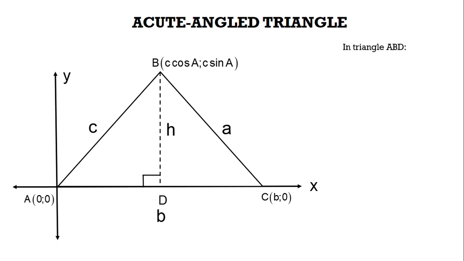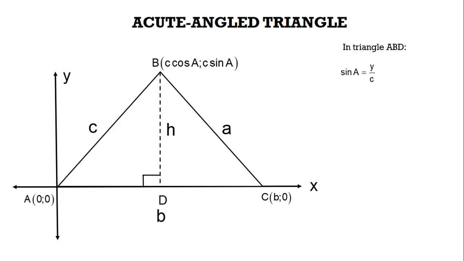Now let me explain how we get the coordinates of B. So if you focus on triangle ABD, which is a right angle triangle, that means we can use our trig definitions. If we're in a Cartesian plane, we say that sine is y over r.